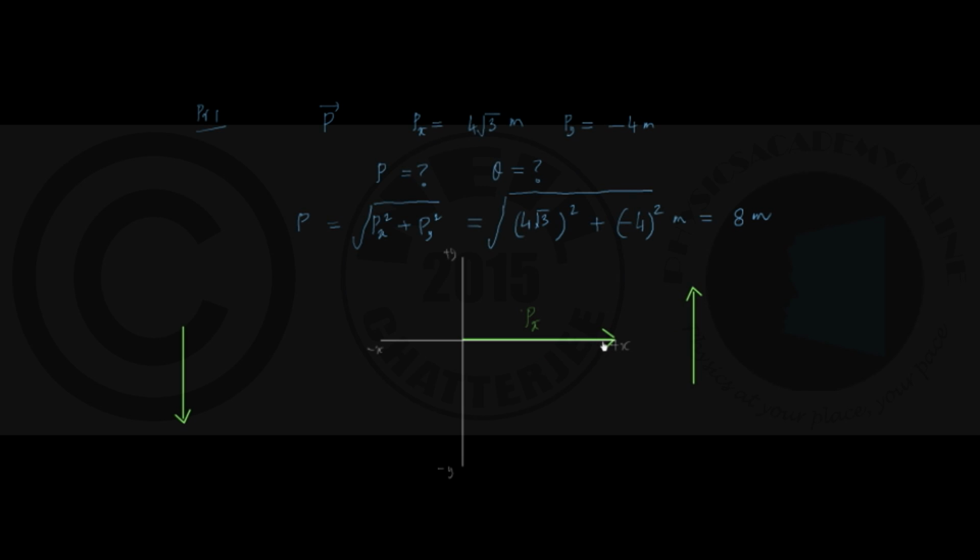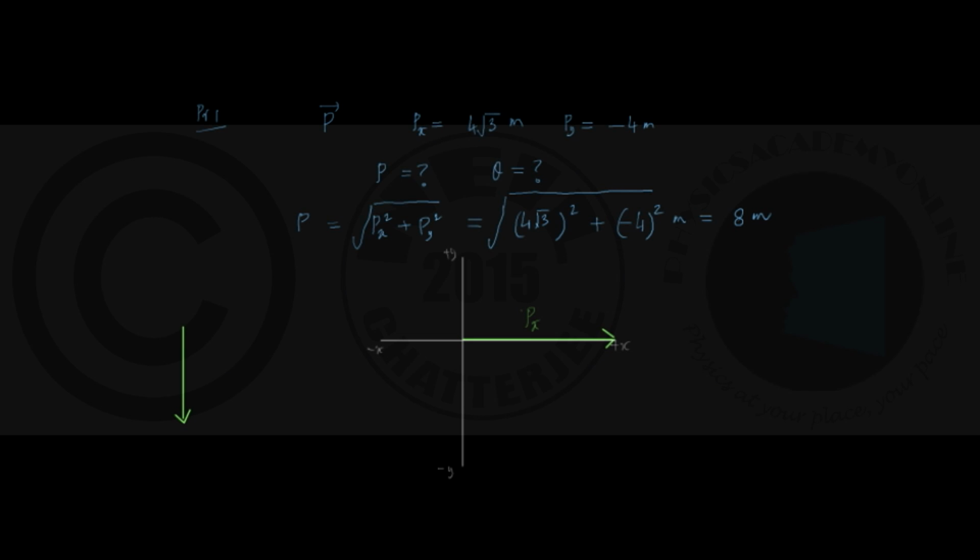I have taken the lengths proportionally. The more the length, you are aware, the more the magnitude. But then py is not 4 meters, it's minus 4. And this minus signifies that the y component of p is pointing in the minus y direction. It is not the case. I must reverse it, and I shouldn't take this and should be choosing this one.